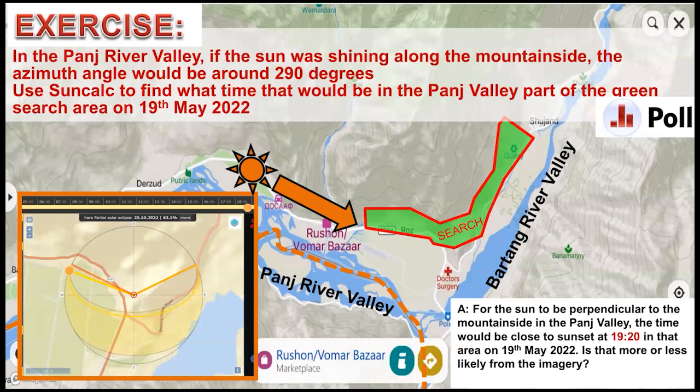And this is a place where you need to check Suncalc, not PeakVisor, or at least to look at the tab information in PeakVisor as well, because 1920 is very close to dusk. And so if the image was taken in the Panj Valley on that date, it's likely to have been taken near dusk. Do you think it looks like dusk from the images? And that's really where this piece of logic comes from.